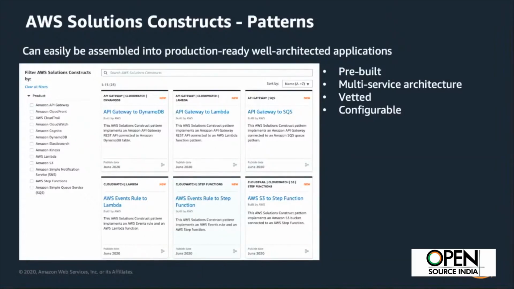Now, this is a very common pattern that we have seen with customers, and we have created these pre-built patterns. The solution architects at AWS have vetted these different patterns, and you can of course configure them, but they are like best practices, well-architected patterns, and you can just quickly use them in your application and start going. You don't have to actually write each and every line of code.